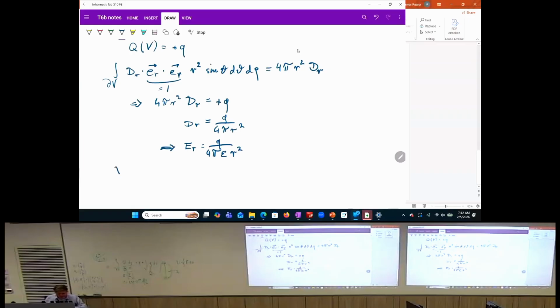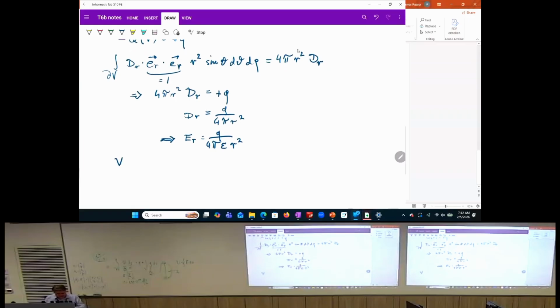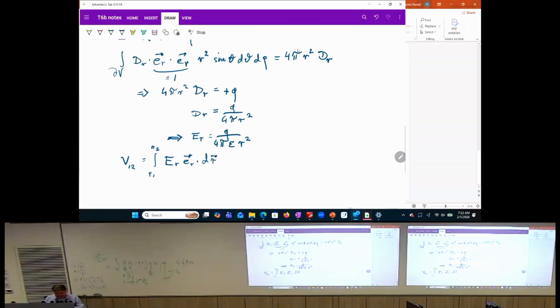Now the voltage to compute between these two spheres is obtained by integrating from the radius r1 to r2 the electric field, and it has only this r component, and we are only also integrating along r. So again, this dr you can write as e_r times dr, and then this e_r dot e_r will be 1.